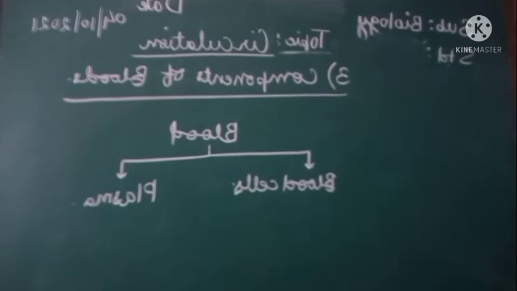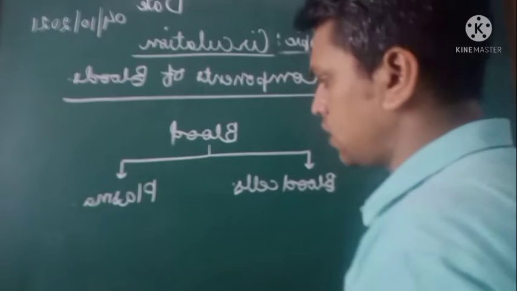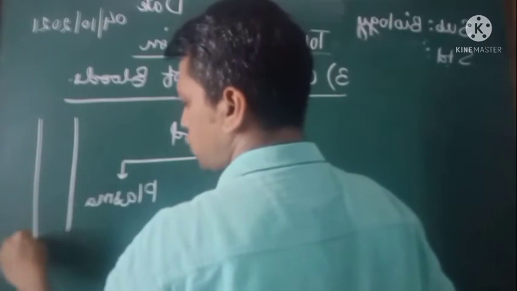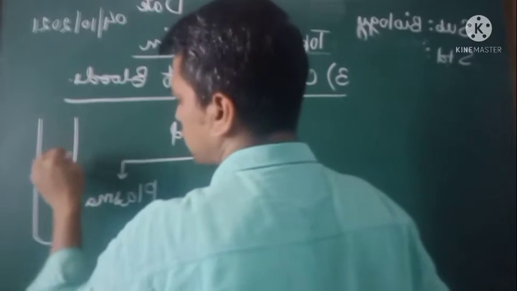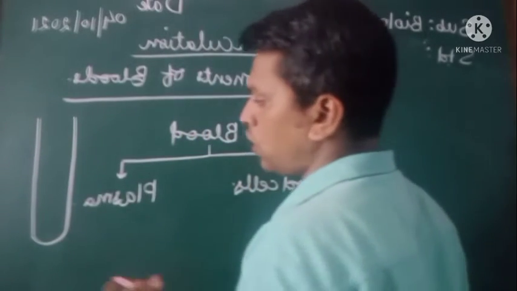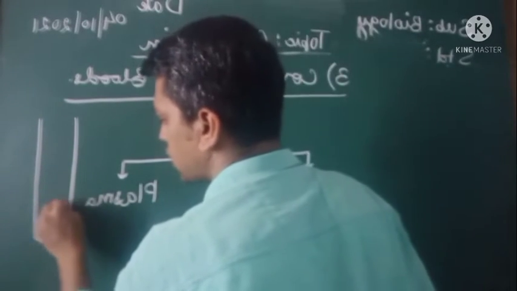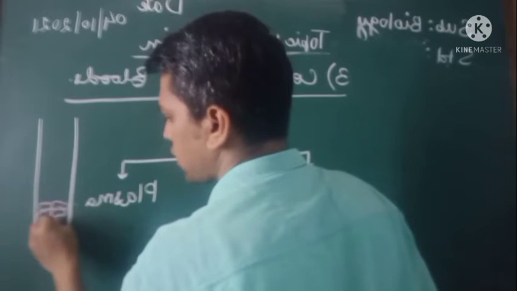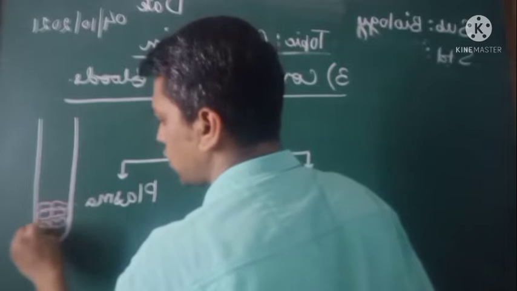Assuming that this is the test tube in which we have collected the blood, what you can see are some cells which will be like this, accommodating here in the lower zone.